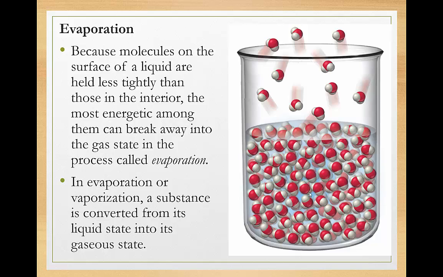So because they're held less tightly than the ones on the interior of the liquid, the most energetic among those surface molecules can break away into the gas state. And that is what evaporation is. It's putting enough energy into those surface molecules to allow them to go from liquid to gas. So if we're talking about evaporation or vaporization, a substance is converted from liquid to gas.